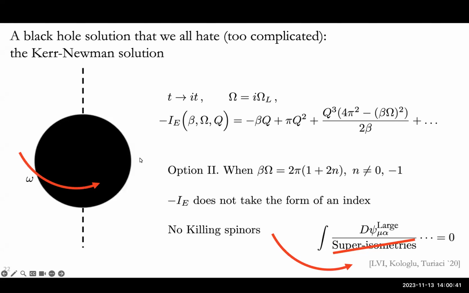So there are no superisometries that my integral over the gravitino should be quotiented by. There are perturbations of the gravitino that have no weight under the action. There's nothing that can regulate them. And an integral over a fermionic zero mode that doesn't have a bosonic superpartner gives you 0.